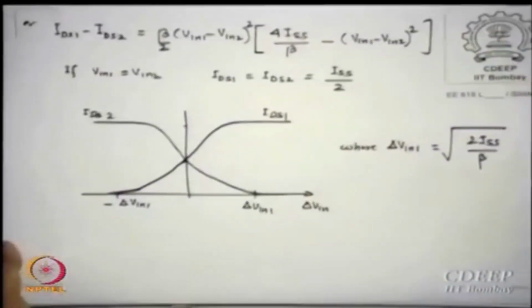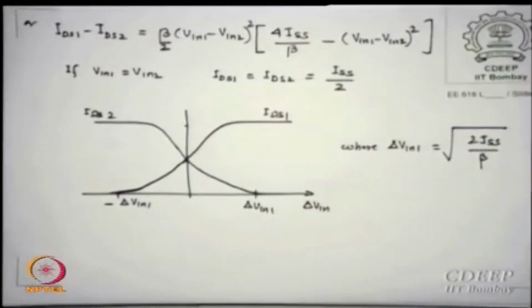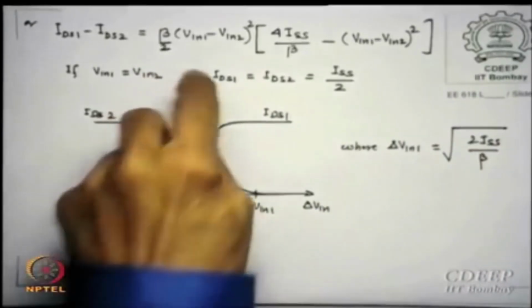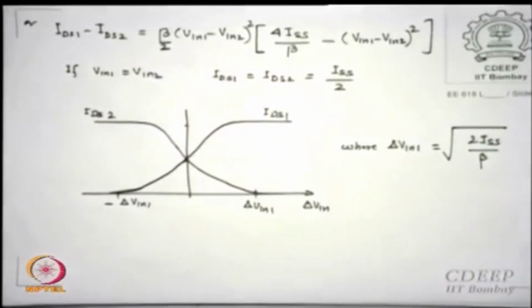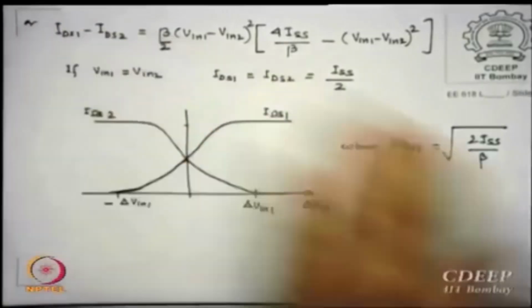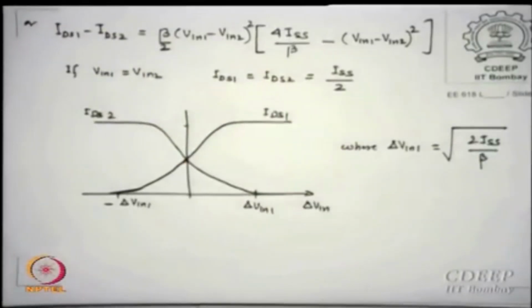Okay. So after all that, the equation you can rewrite. This becomes IDS1 minus IDS2 is beta by 2 times V in 1 minus V in 2, times the square root of 4 ISS by beta minus V in 1 minus V in 2 squared, and V in 1 minus V in 2 is essentially delta V in, the difference of the two. So if V in 1 is equal to V in 2, IDS1 minus IDS2 is 0.